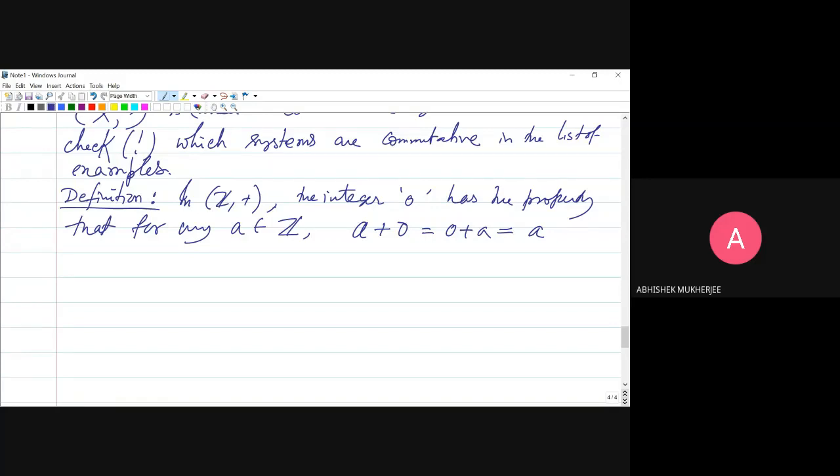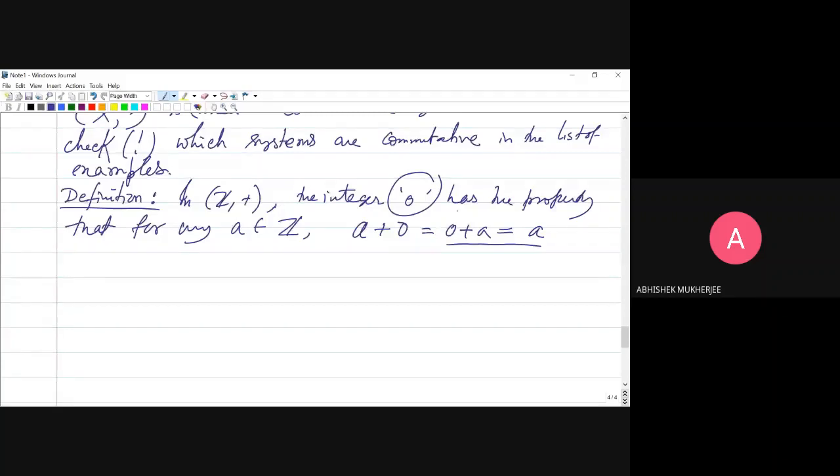So this element is defined to be the identity of the system. Whenever you are considering this part, then you will call this 0 the left identity.